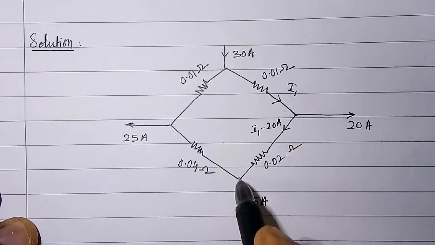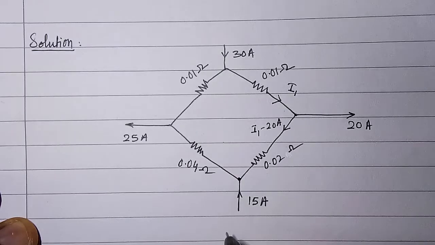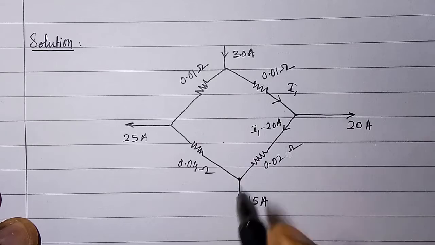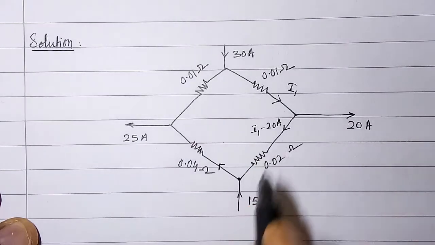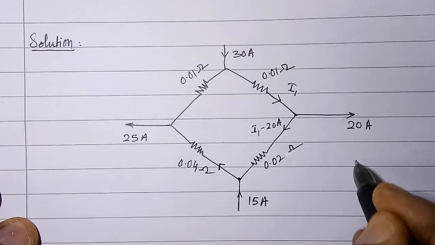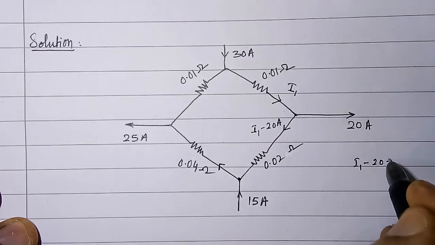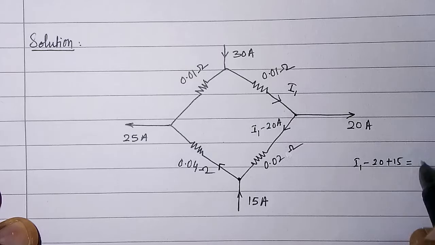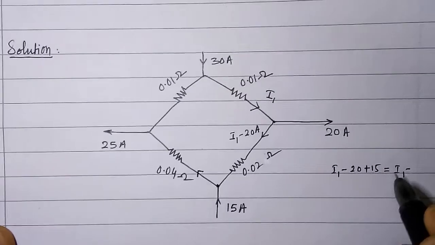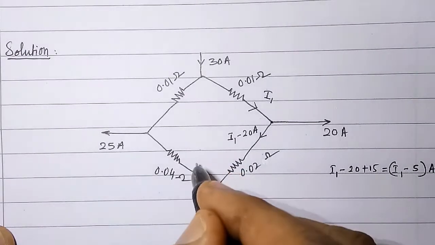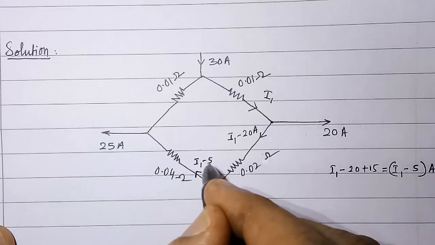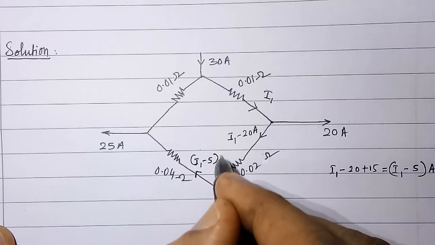Now I1 minus 20 ampere is the incoming current at this node or junction, and 15 ampere is also an incoming current. Therefore, the current here will be I1 minus 20 plus 15, that is equal to I1 minus 5 ampere. So right here, I1 minus 5 amperes.